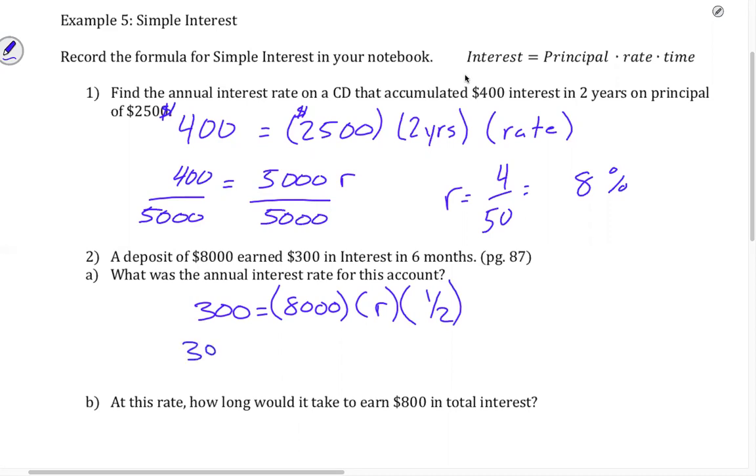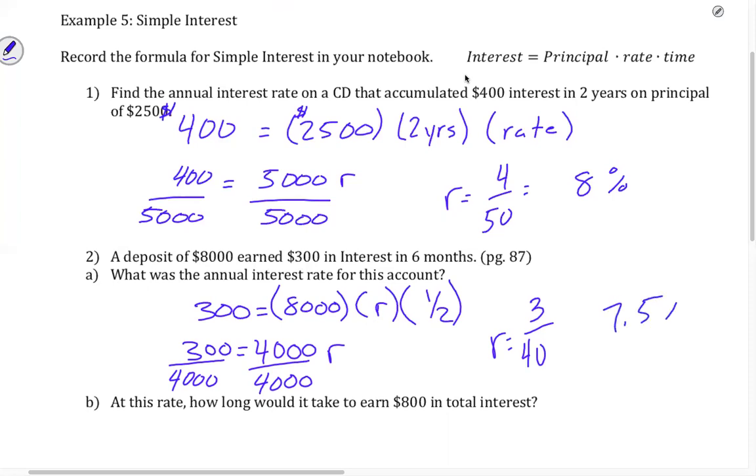So if I do that math real quick, 1/2 of 8,000 is 4,000 R, and then if I divide those, I get my rate equals 3 over 40, which would be 7.5%. So it'd be 7.5% interest.